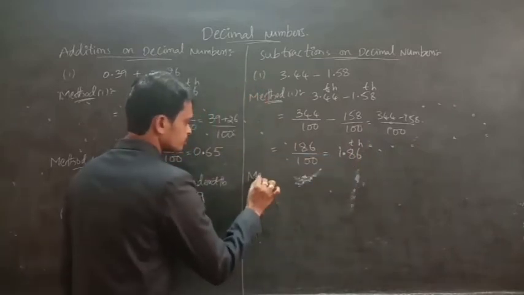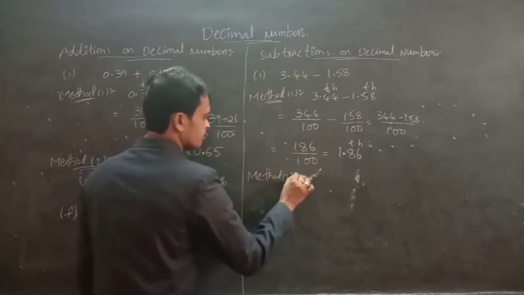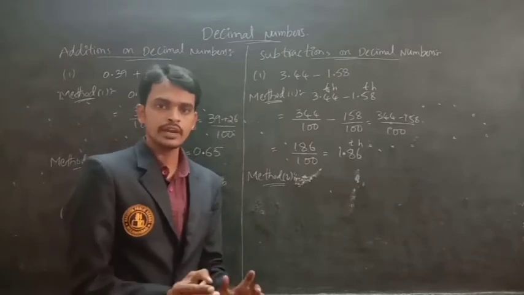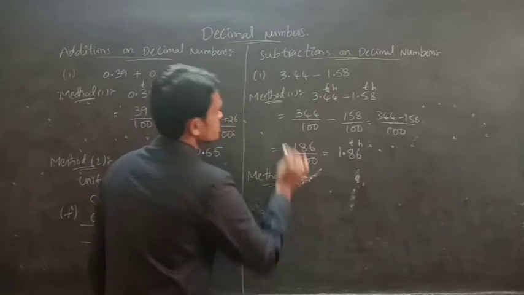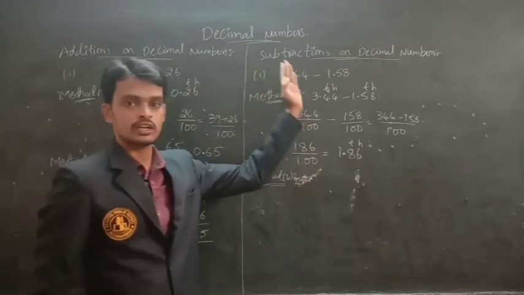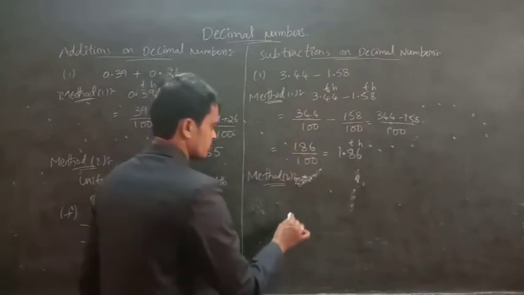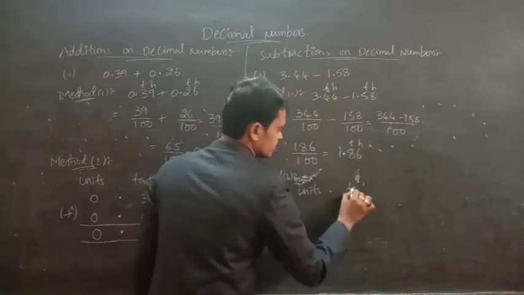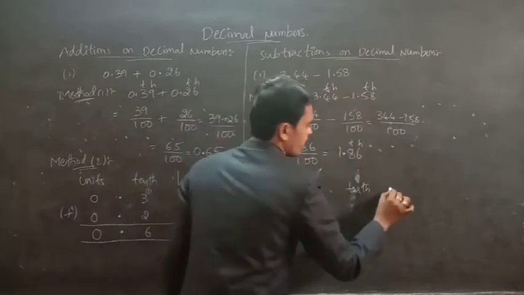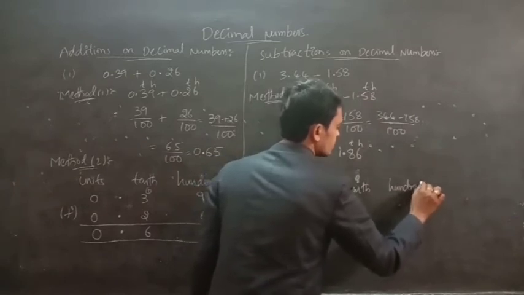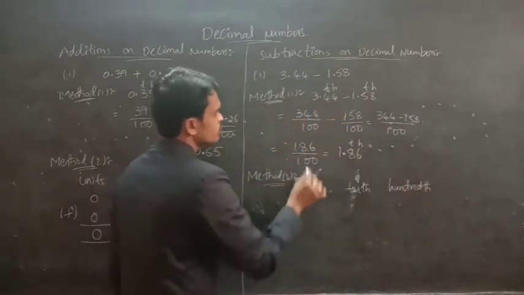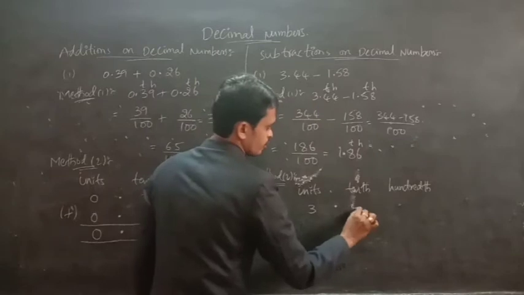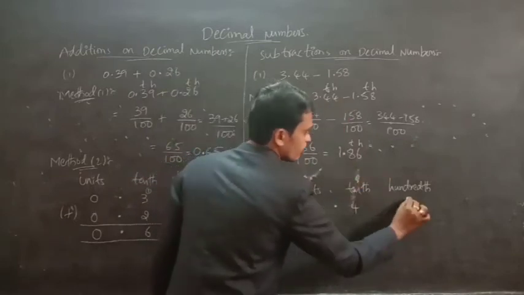Now method 2. In the second method, we subtract the same way as in normal whole numbers or natural numbers. We write the units place, tenth place and hundredth place first. The units place is 3, after the point the tenth place is 4 and the hundredth place is also 4.